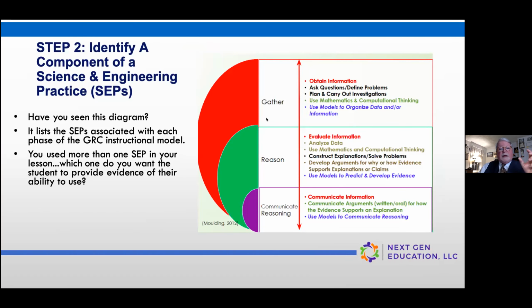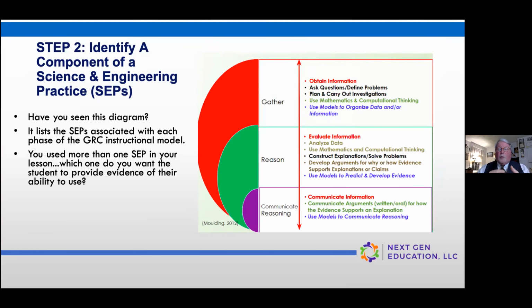This next step is figure out the practice. Now, many of you have probably seen this off on the right. Brett Molding uses this a lot of times to show that practices are not linear. They're not hierarchical. They use practices over and over again in different parts of the lesson.